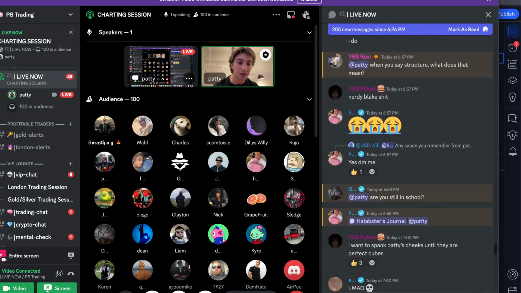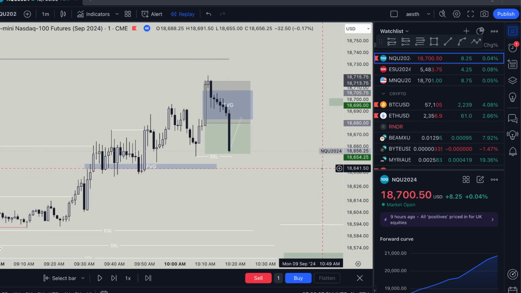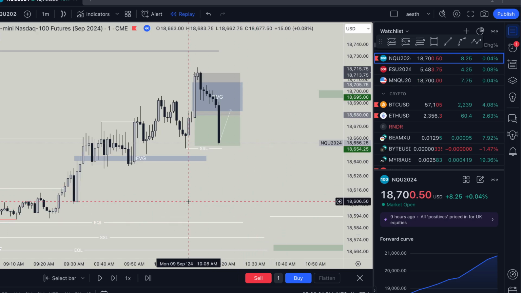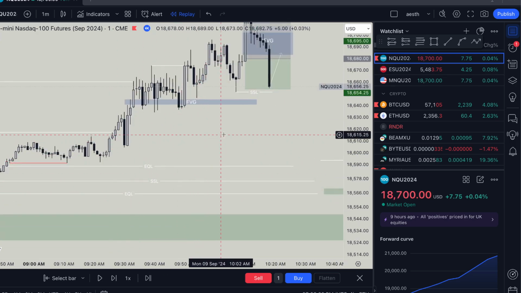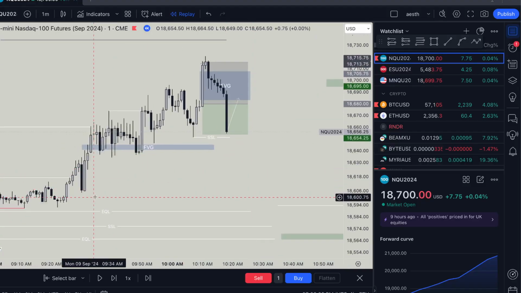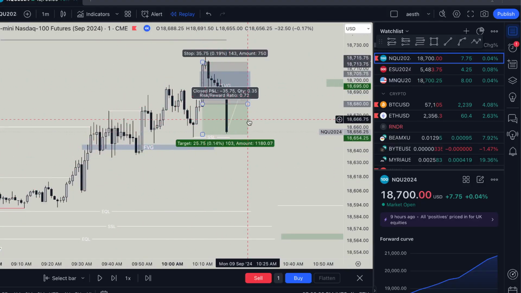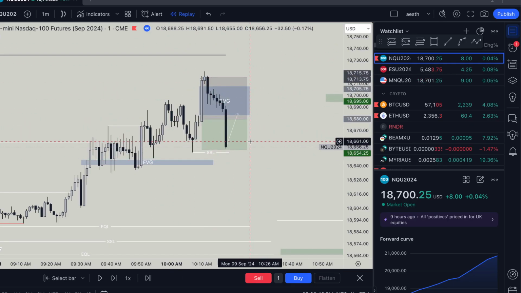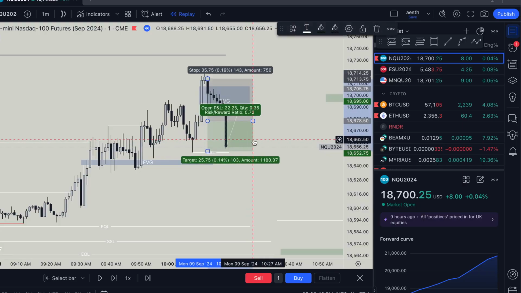When you say structure, what does that mean? Structure in this case would be, well, this is actually a perfect example. We have all this sell side liquidity below us. We had been moving up for a while. We did hit that hourly. We don't know if price is actually going to react off this unfilled hourly and the 4 hour. So when we say we want structure, we just want some sort of confirmation that price wants to run lower.